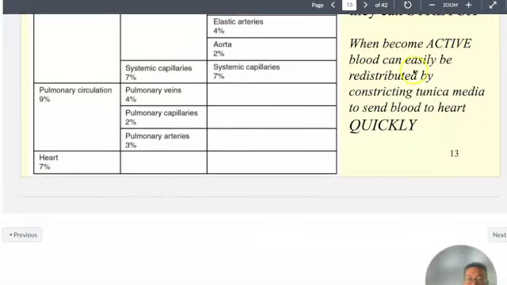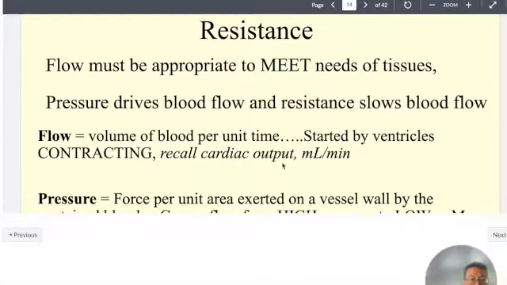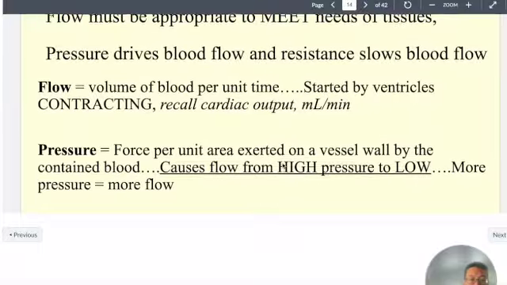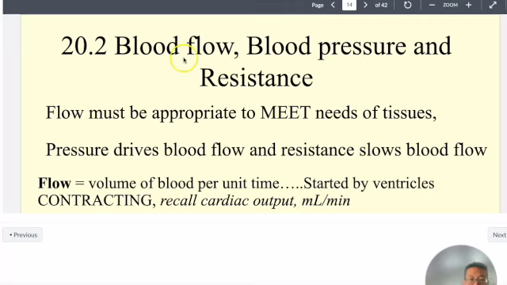When it becomes active, blood can be easily redistributed, sending the blood to the heart quickly. Some of these things you have to understand. Flow must be appropriate to meet the need of the tissue. Pressure drives the blood.